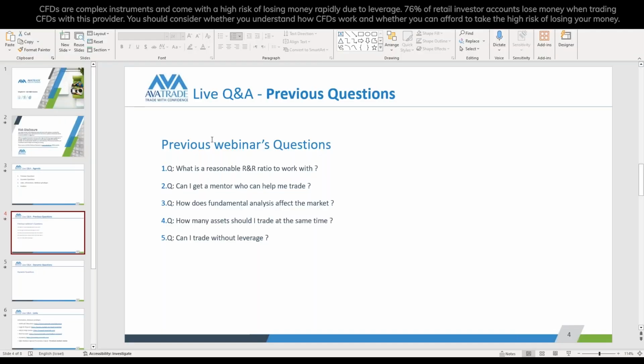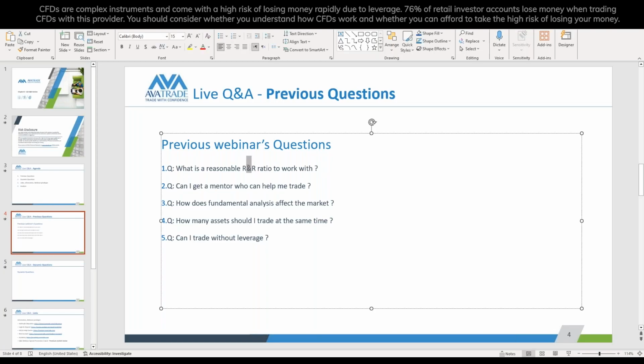Okay, so let's read the questions and understand what we have today. Just a second, I want to make sure that everything here is okay. All right, so what is a reasonable risk reward ratio to work with?